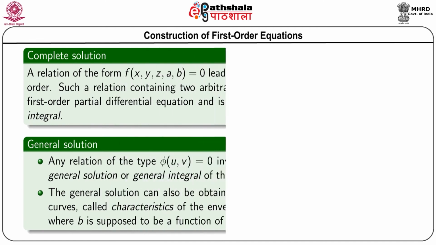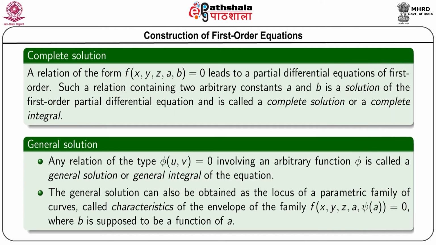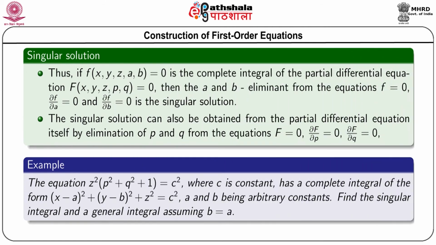Now, we shall illustrate all these concepts taking one example. Before explaining that example, let us discuss the singular solution. This is another type of solution, in which case we eliminate a and b from the equations small f equals 0, del f del a equals 0 and del f del b equals 0.